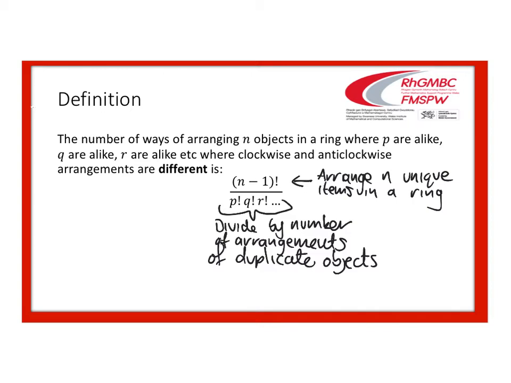Okay, now notice we talked about where clockwise and anti-clockwise arrangements are different. So just to help you with that, what we mean by this is if we were to have 4 objects numbered 1, 2, 3, 4, if you count that clockwise as 1, 2, 3, 4, that is different to this arrangement here, in which it reads 1, 2, 3, 4.